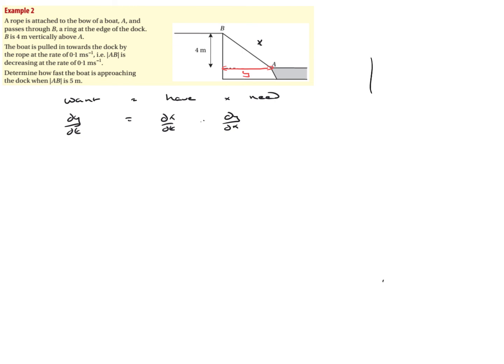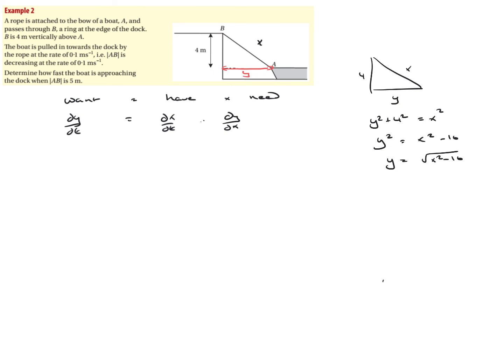So let's take that right angle triangle out, and what we have here is 4, x, and y. And using Pythagoras, we know that y squared plus 4 squared is equal to x squared. And we want dy/dx here, so y squared is equal to x squared minus 16, and y is equal to the square root of x squared minus 16.